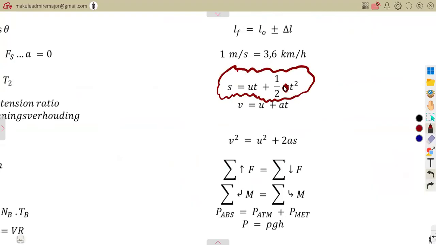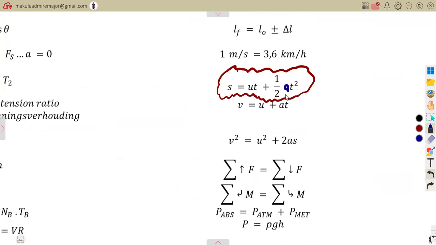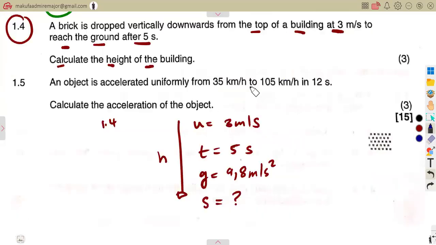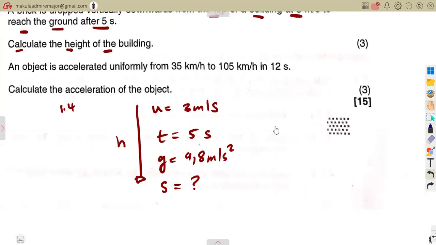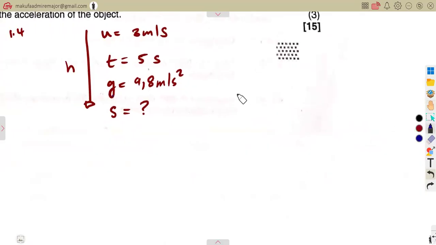But remember, we are no longer having this as a normal acceleration. This is now to be represented with a gravitational acceleration whenever you are given that condition. So I think this can work because we have got u, t, and g. So we can calculate S, which is representing the height.